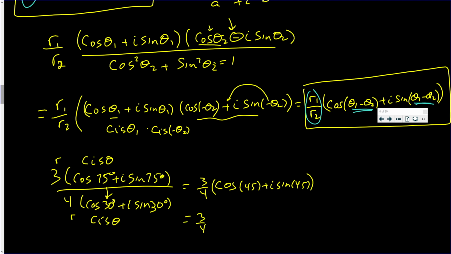So we get 3/4, and if I'm right, the cosine of 45 is 1 over square root of 2 plus i times 1 over square root of 2. So we get, factoring out the square root of 2, we get 1 plus i. In fact, we get 3 square root of 2 over 8, times 1 plus i.